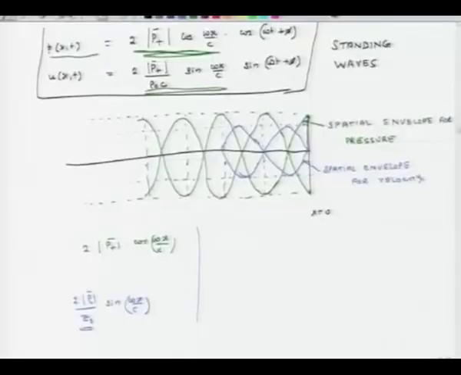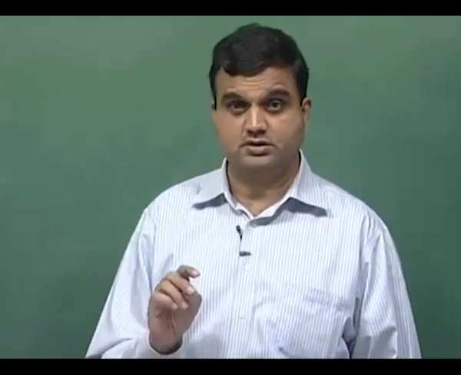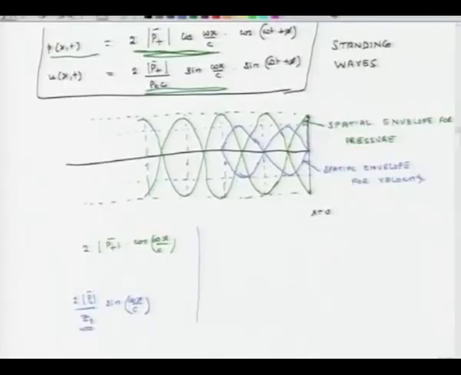With that, I wanted to close this lecture, but before I do that, I would like to introduce 2-3 more terms which we will be using in later lectures. In context of standing waves, we found that there are locations where you have a null.